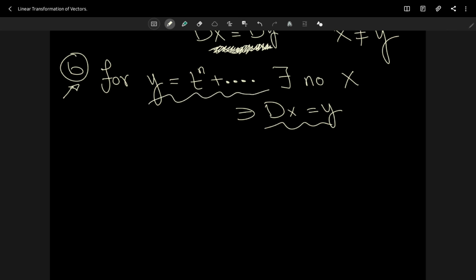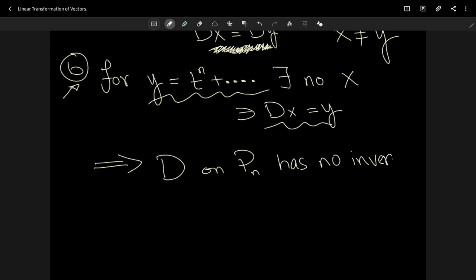What does this imply? This implies that this D on an n degree polynomial has no inverse. And so that's why when I started talking about this, I said, let's consider an unfortunate example.